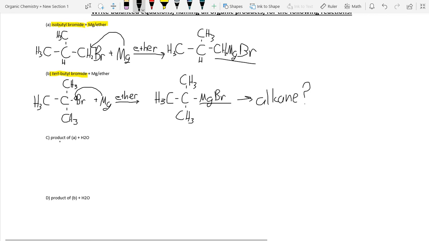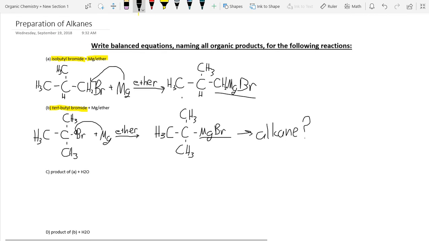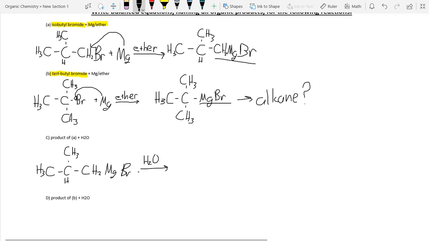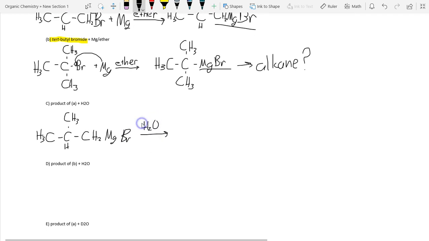That's explained in C and D. You're taking the product of A and you're going to add water. So what's going to happen? One of your hydrogens is going to replace this magnesium bromide, and your hydroxide ion that's left over is going to go with magnesium and bromide and bond with magnesium.